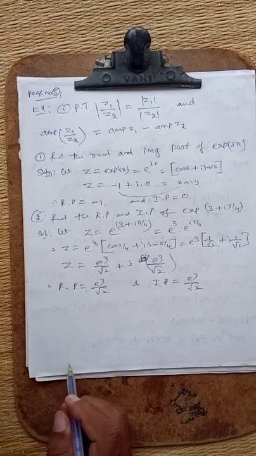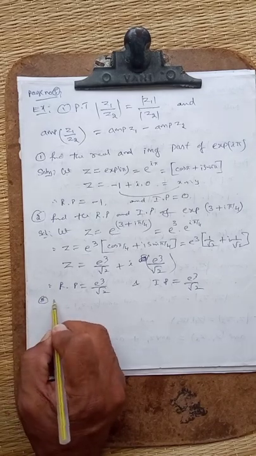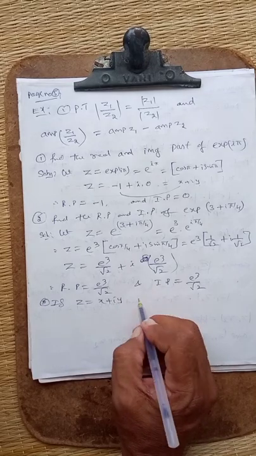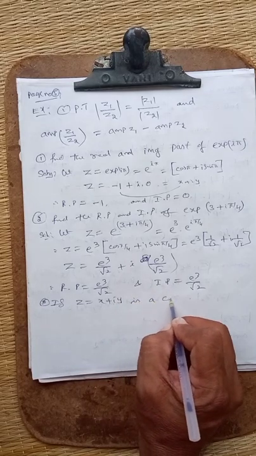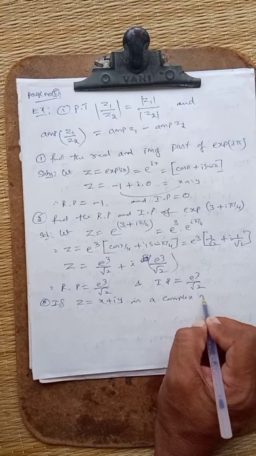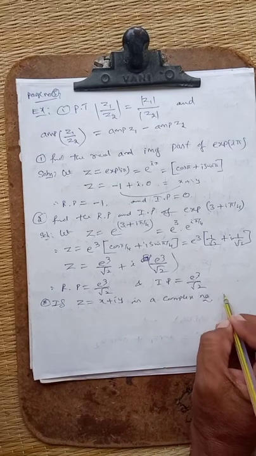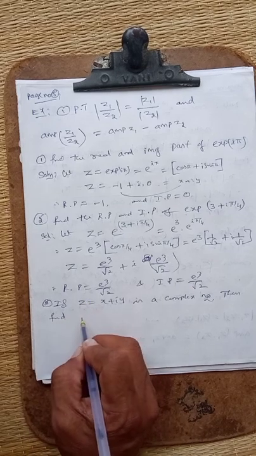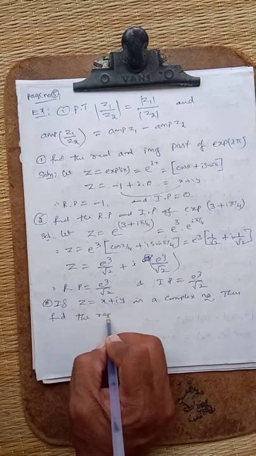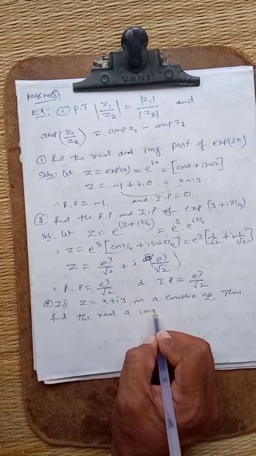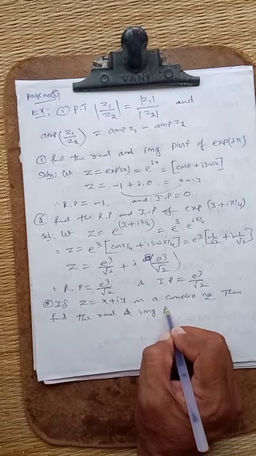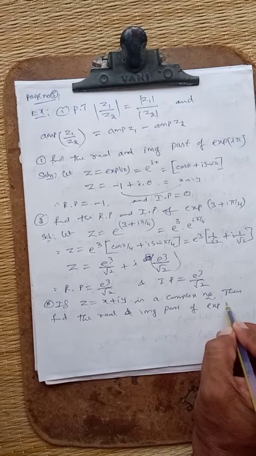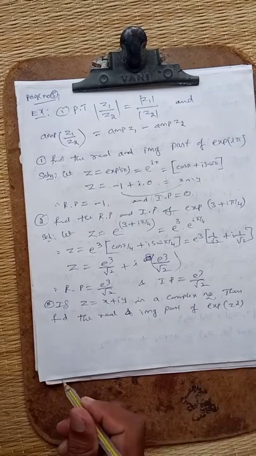Next problem. If z equal to x plus iy is a complex number, then find the real and imaginary part of exponential z square.